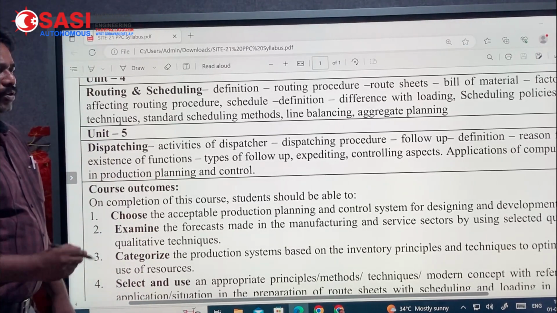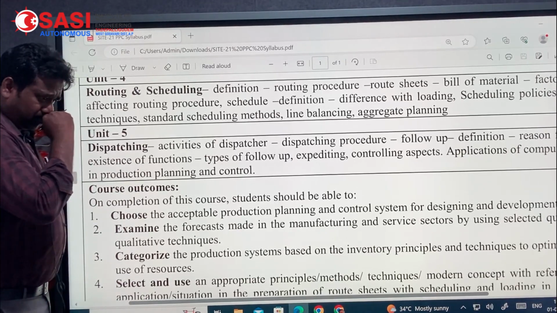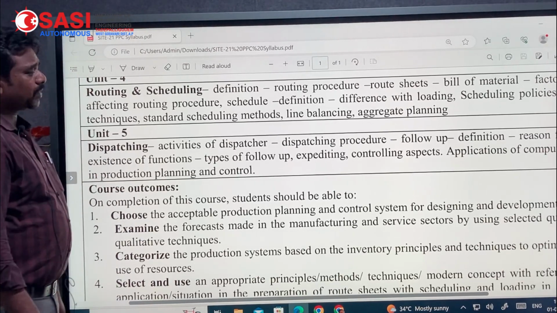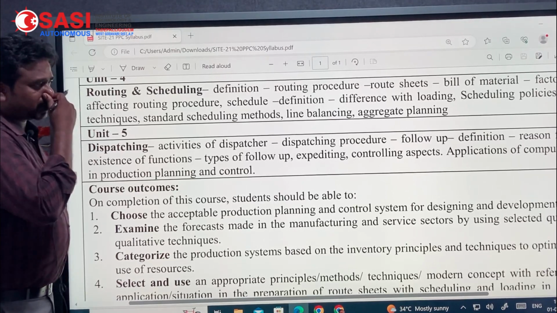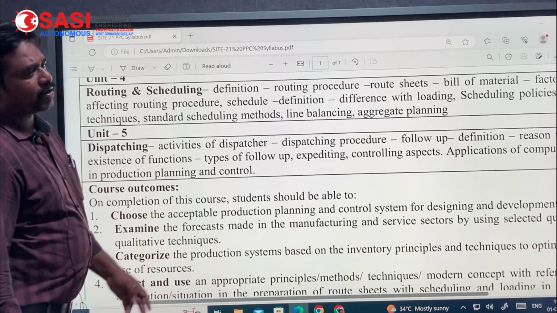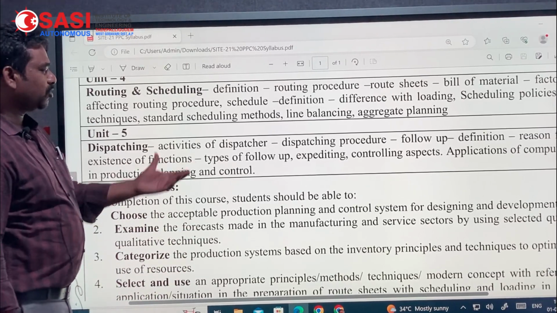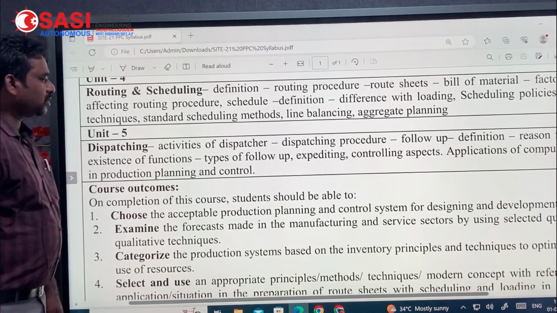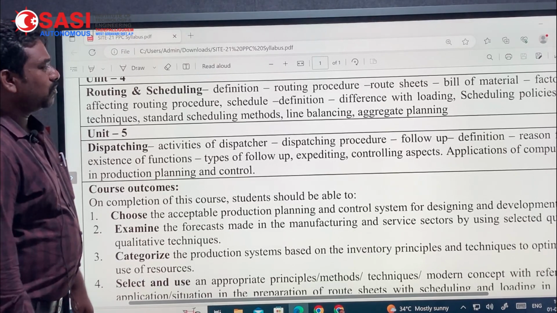What is the production to be produced, is that production completed in that day, or whether the machines are working in the same aspects we have discussed, and everything they are going to follow: follow up for materials, follow up for work, and follow up for the finished goods, and what are the various functions of those follow-ups and various types.